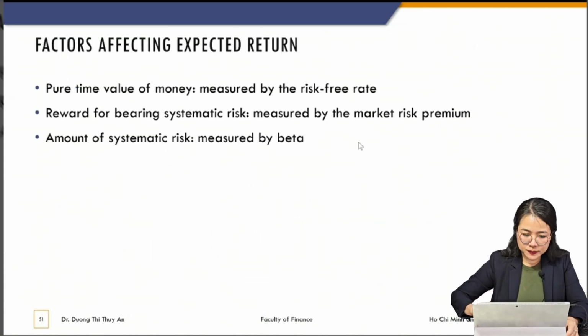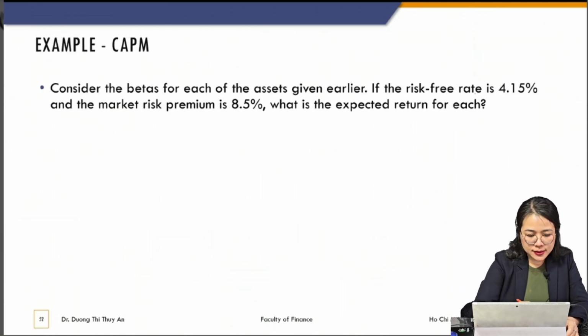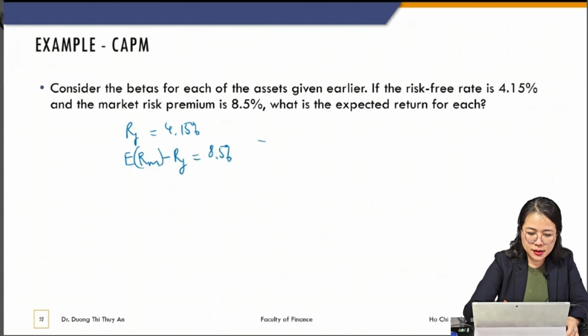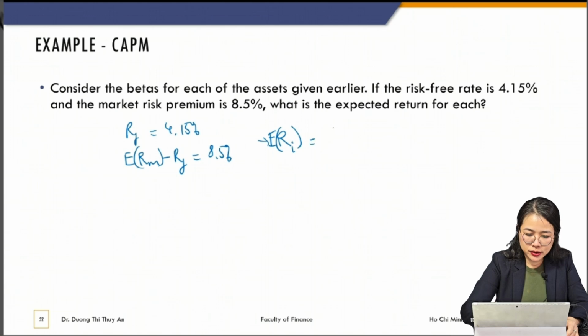For example, this is the risk-free rate, 54%, and the market risk premium. So the expected return of asset I equals Rf plus beta.